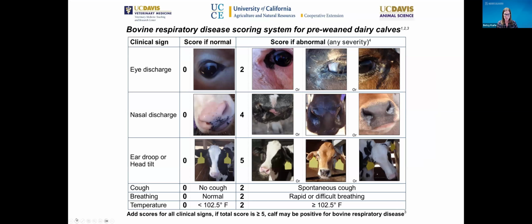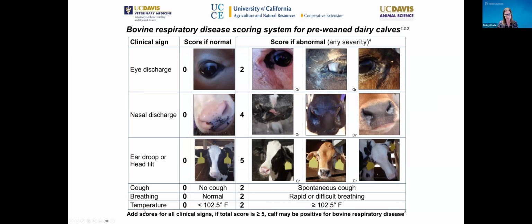So one of the first things we came up with was this, which hopefully many people have seen. This is our BRD scoring system for pre-weaned dairy calves. I'm going to talk a little more about this as we go through, but I wanted to share a visual of what we're talking about.